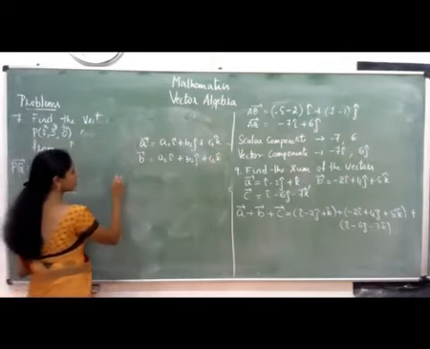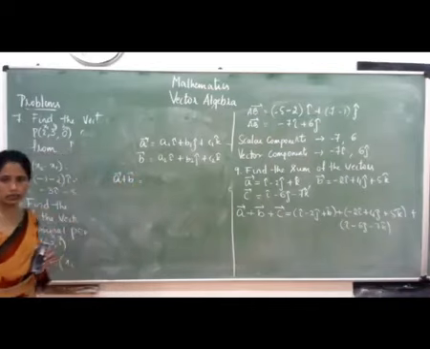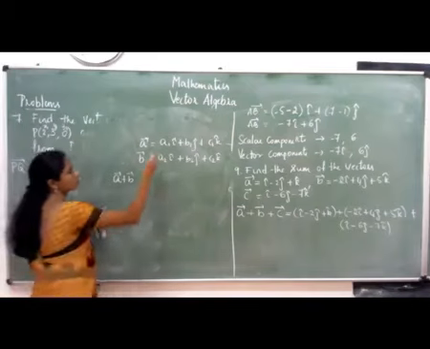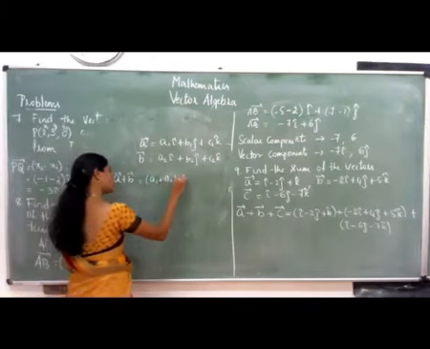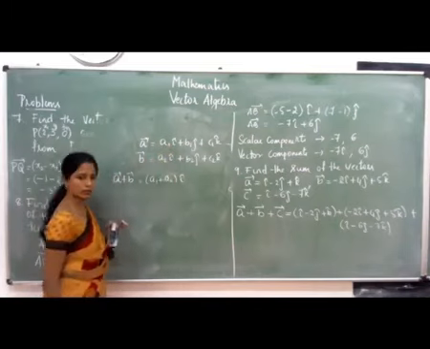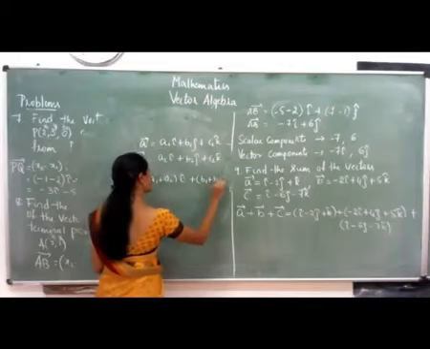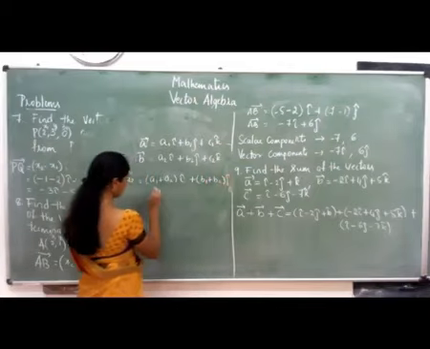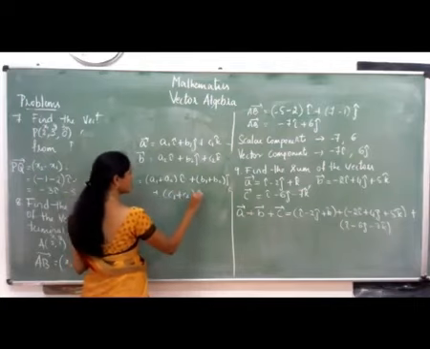Okay, then vector A plus vector B will be equal to a1 plus a2 into I cap, adding the I components, plus b1 plus b2 into j cap, plus c1 plus c2 into k cap.